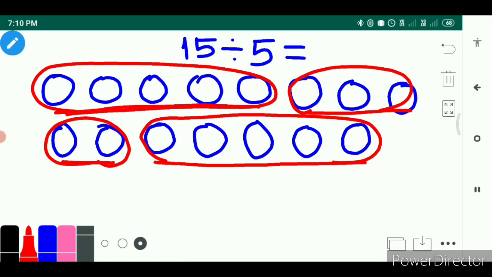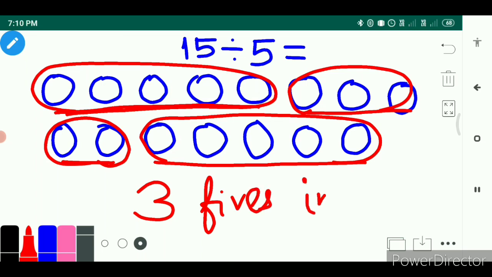So we can say there are 3 5s in 15, because we got 3 groups, right?